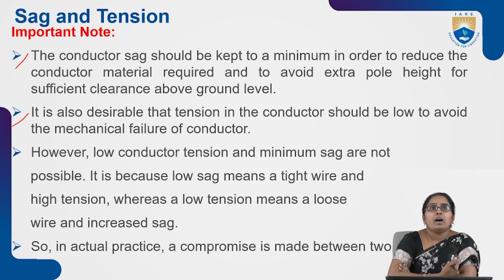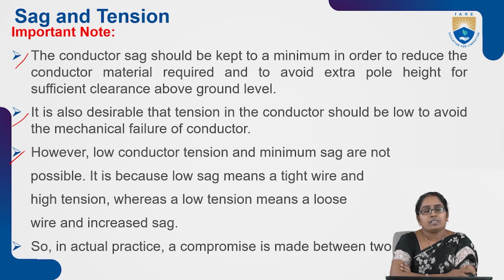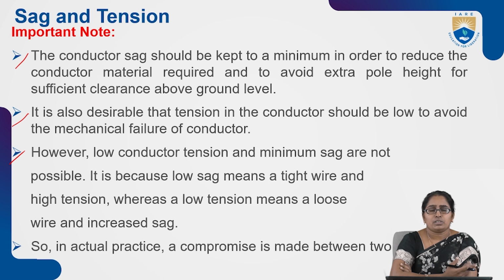Next, third point. However, low conductor tension and minimum sag together are not possible. Low sag means tight wire and high tension, since we reduce the conductor material, which results in a tight wire and more tension. Whereas low tension means loose wire and increased sag.